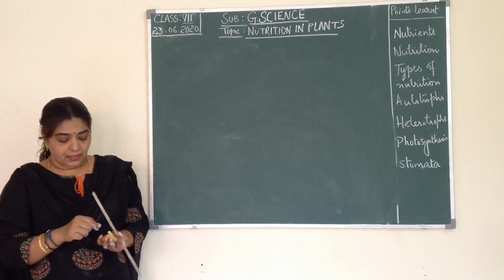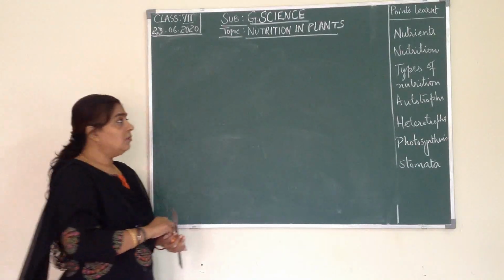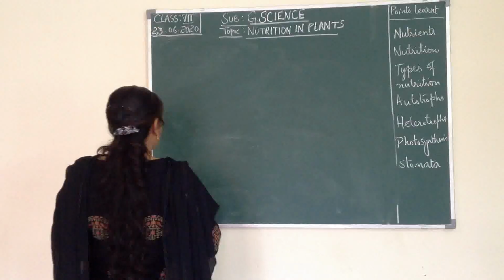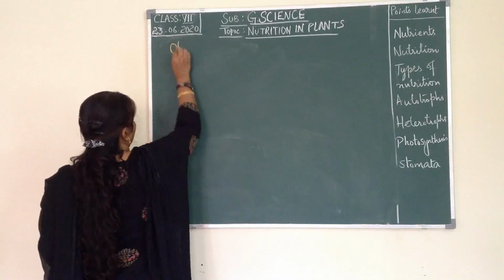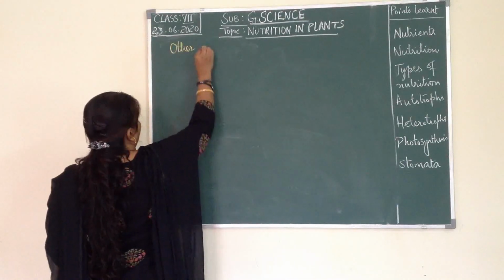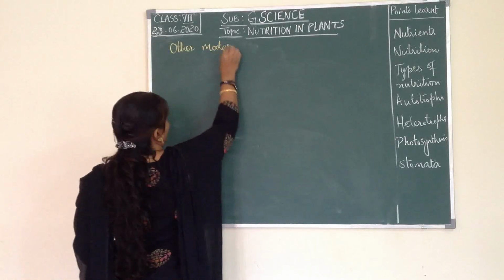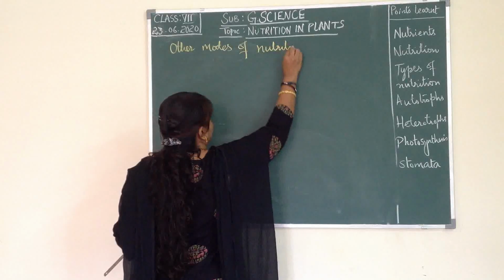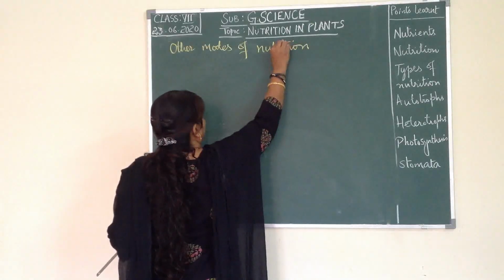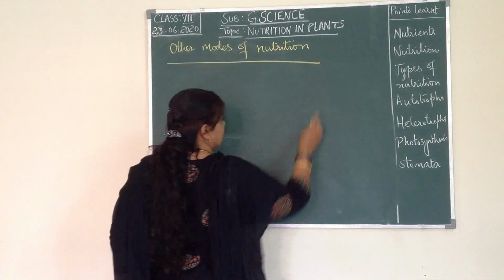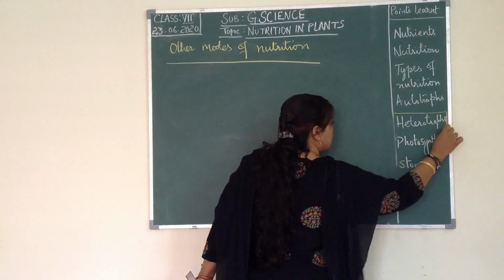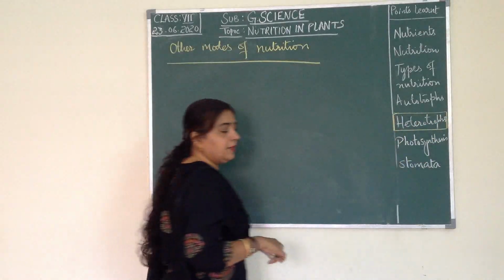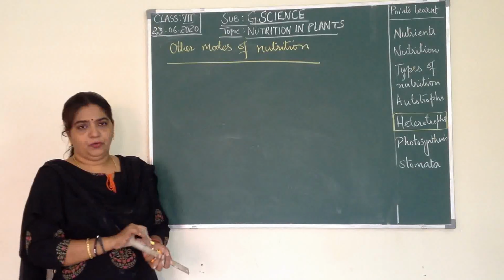Now let us learn about the other mode of nutrition. So which are the other modes of nutrition? So the minute we say the other mode of nutrition, this is the heterotrophic mode of nutrition.